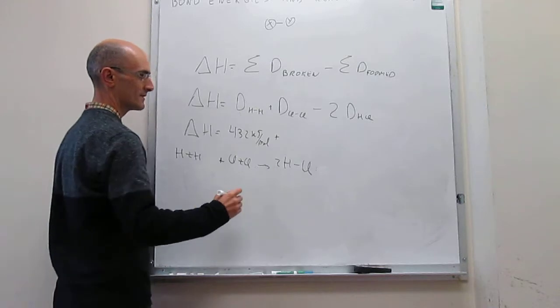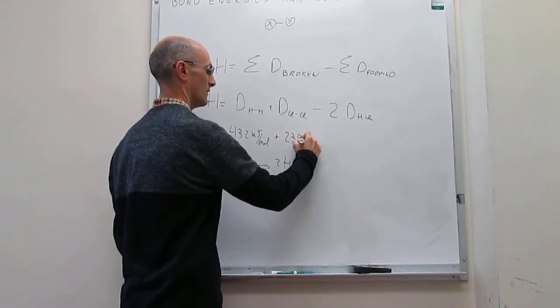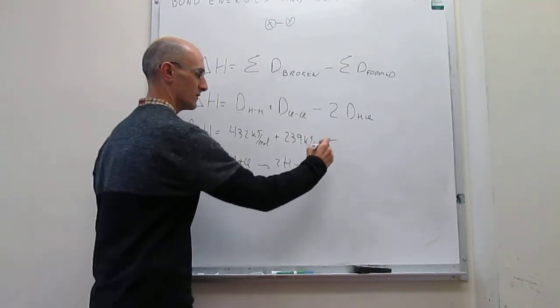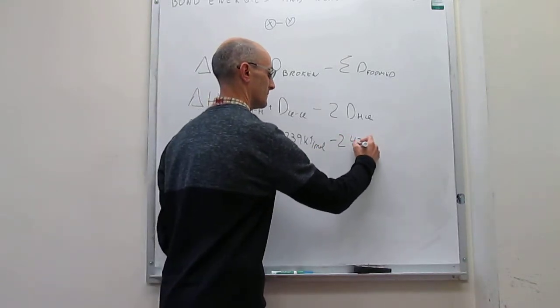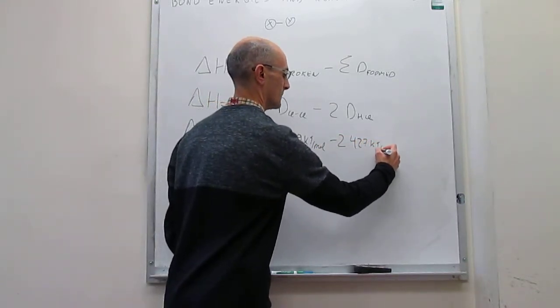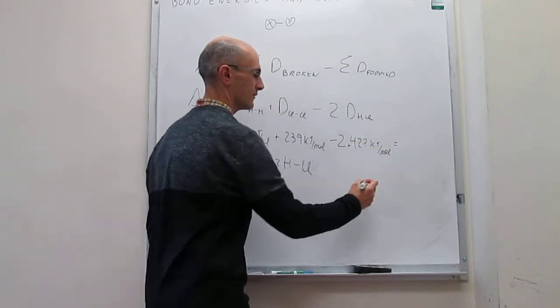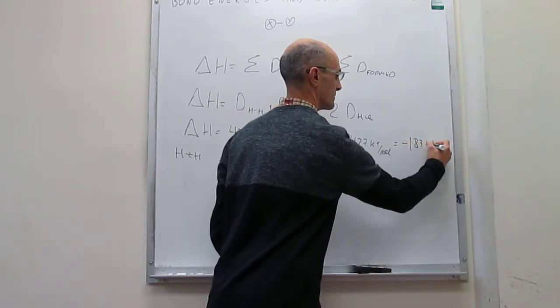The energy of a Cl-Cl bond is 239 kilojoules per mole, and the energy of an HCl bond is 427 kilojoules per mole. You calculate that and you find that this is equal to minus 183 kilojoules per mole.